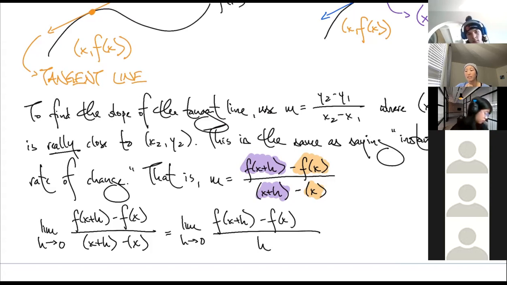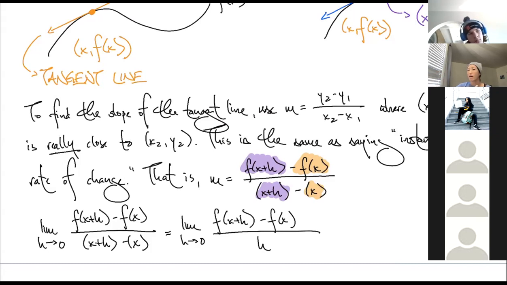When we plug in 0 for h, we're going to get an undefined. And so when we have something that's undefined, we need to think about different ways that we can manipulate things. Like factoring, like we did before, or maybe complex conjugates, or complex fractions, like we did before.